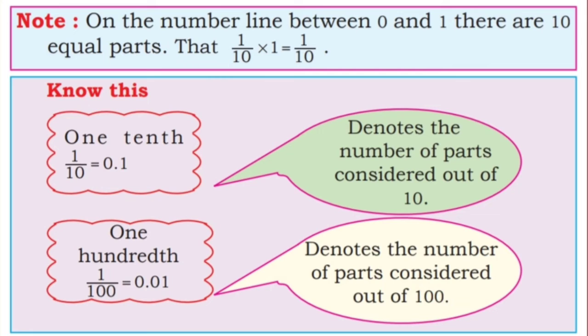That 1 by 10 into 1 is equal to 1 by 10. Know this. 1/10, that is 1/10 is equal to 0.1, denotes the number of parts considered out of 10. 1/100, that is 1/100 is equal to 0.01, denotes the number of parts considered out of 100.